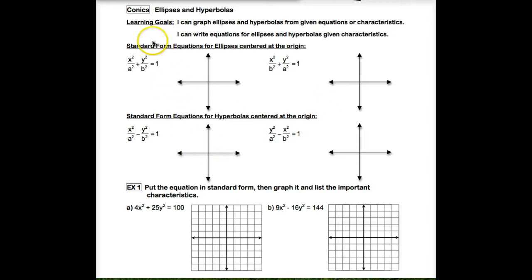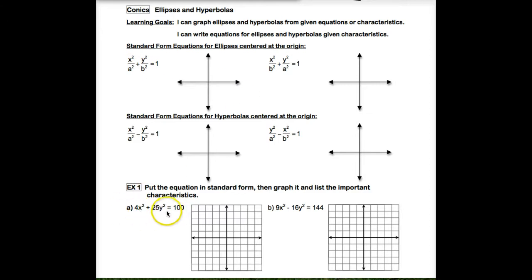So these are the standard form equations for ellipses and hyperbolas that are centered at the origin. And remember that eventually they're not all going to be centered at the origin. But for now, it's an ellipse if x and y are both squared, and when you divide, because you don't always have the fraction form, and you'll see that with the examples.